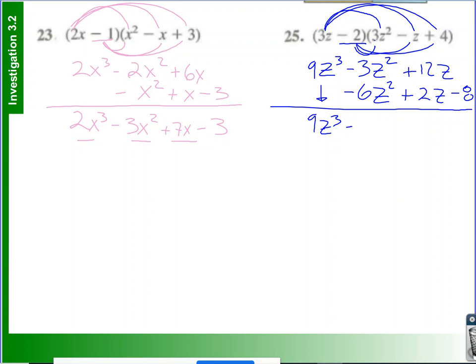Or it'd be negative. Oh yeah. So that would be negative 9z squared. There you go. Plus 14z. Perfect. Minus 8. There you go.